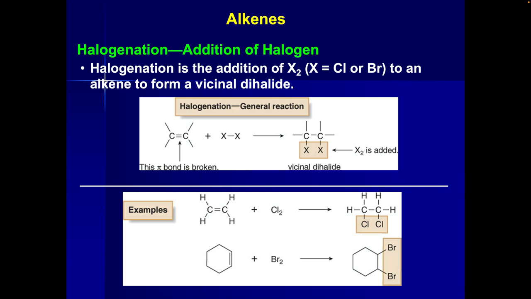For those of you who like high quality olive oil, this is exactly how they test for the virginity of olive oil. Extra virgin, whatever you want to call it. So they do what's called the bromine test. They determine how much bromine the alkenes of the olive oil will take up. And the fresher the olive oil, the more bromine it will take up.